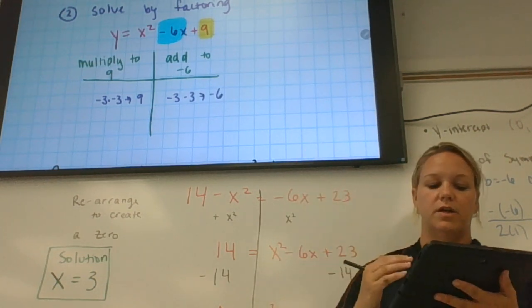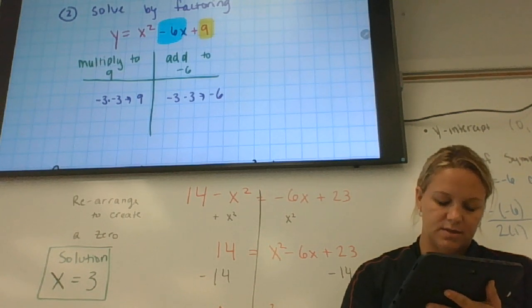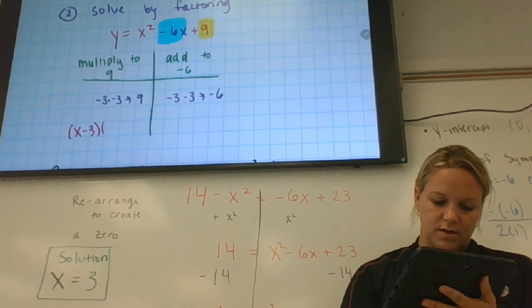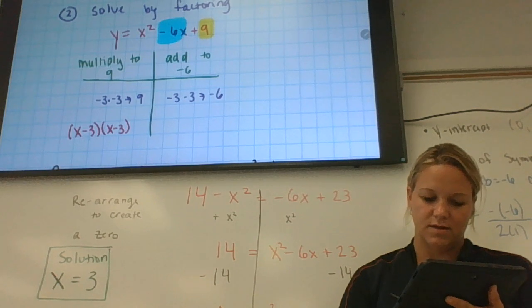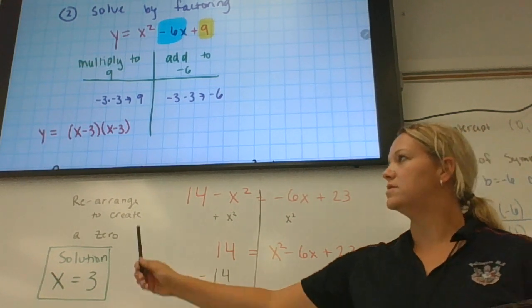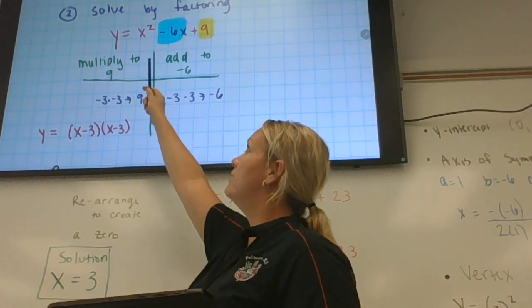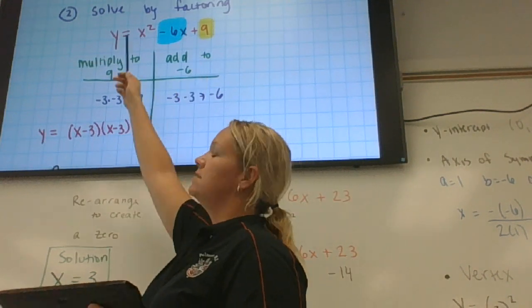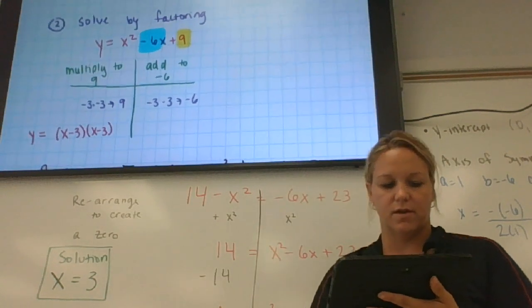So once you find your numbers, you put them in parentheses. X minus 3. So I got my y equals, this is called standard form. Let me write this for you really clearly.